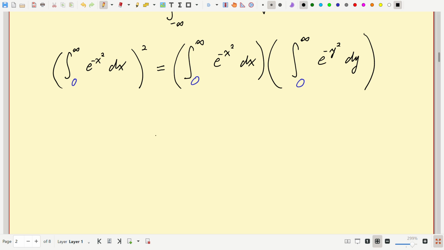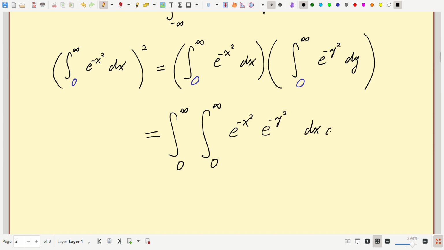All right, think of Fubini's theorem. This is equal to a double integral from 0 to infinity, integral from 0 to infinity of e to the minus x squared times e to the minus y squared dx dy. If you would believe that, if this were a big rectangle.